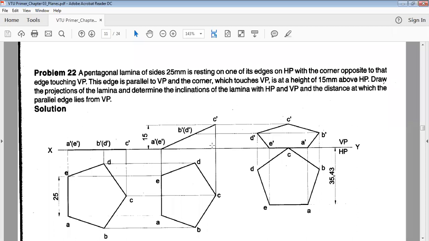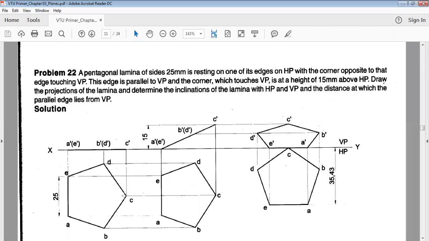Okay, so in this, what is being given in the problem is a pentagonal lamina, one of whose sides is 25 mm, resting on one of its edges on HP with the corner opposite to that edge touching the VP.